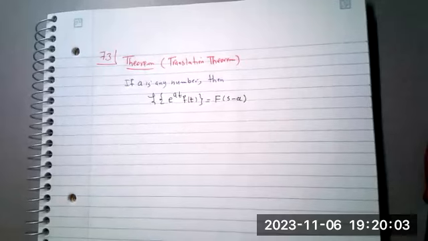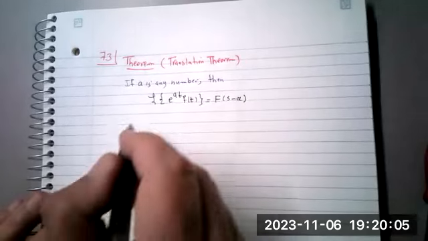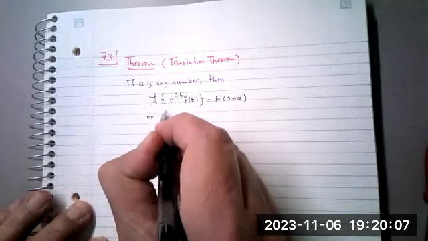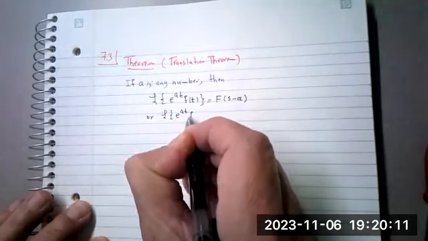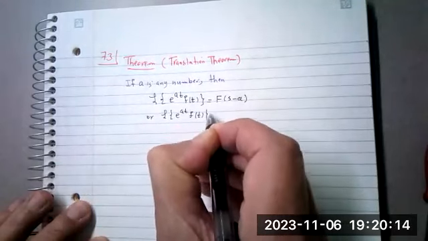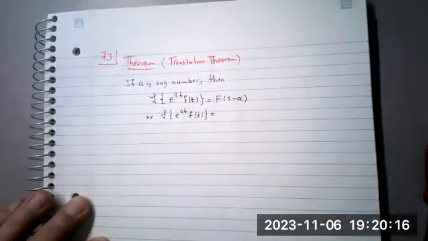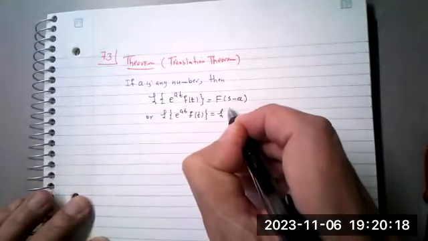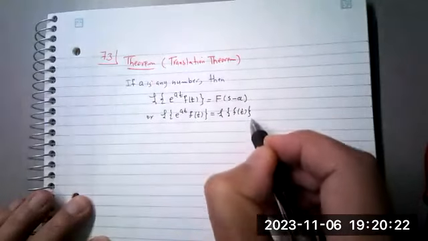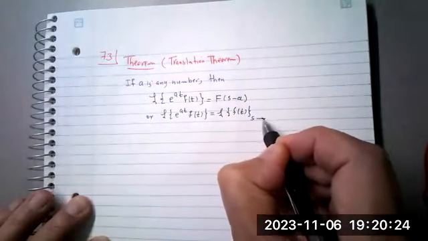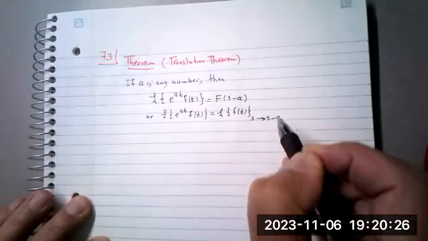The way we write it down, or if you like, if you want to find the Laplace of this function, it's going to be quite popular. This is the way we write it down: it's equal to the Laplace of f of t, but when you change the s into s minus a, that's easier to memorize.